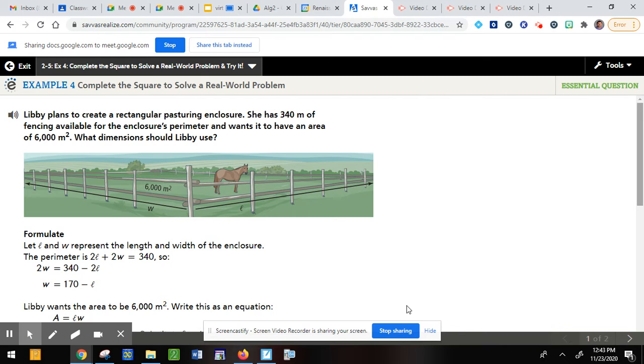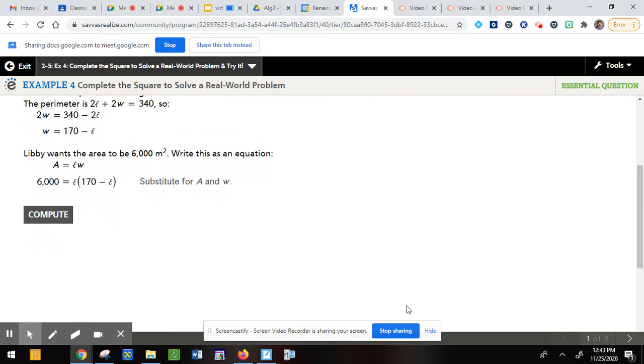So when you think about the area, which is length times width, we can substitute W out for what we solved for, 170 minus L. So your equation is L times, instead of W, 170 minus L. And the area is what we want to be 600.